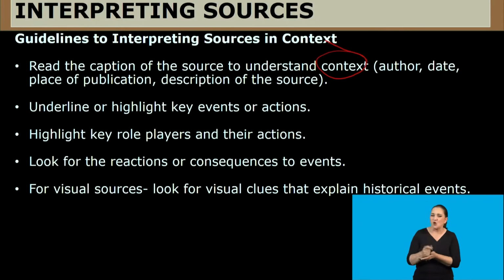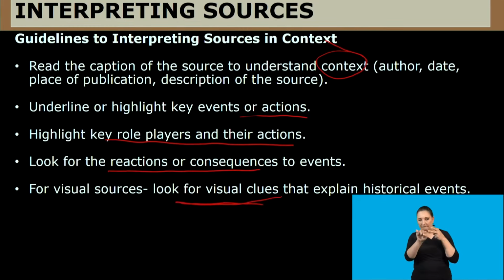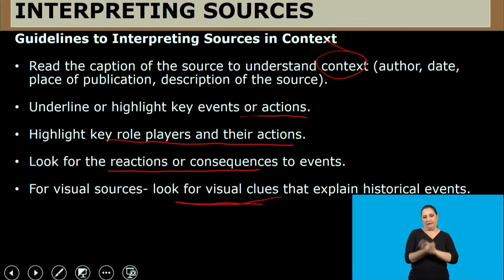Who wrote it, when it was written, where it was written, and so on. You have to underline or highlight the key events or actions, highlight the key role players and their actions, look for reactions or consequences, and then if you're given a visual source, you have to look for visual clues that will help explain the different events.